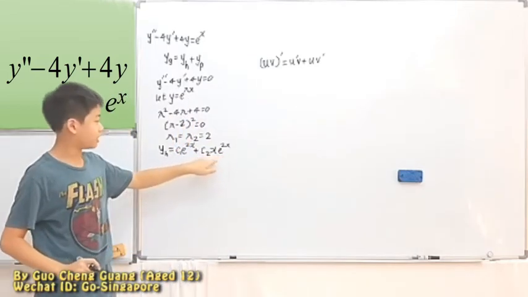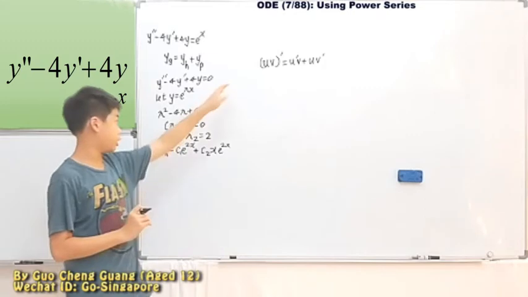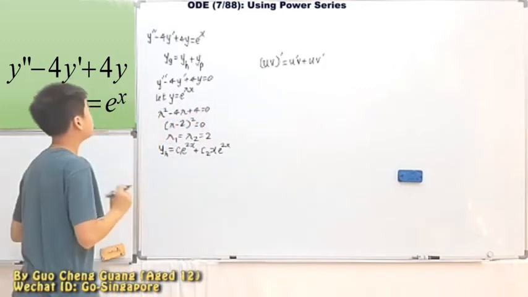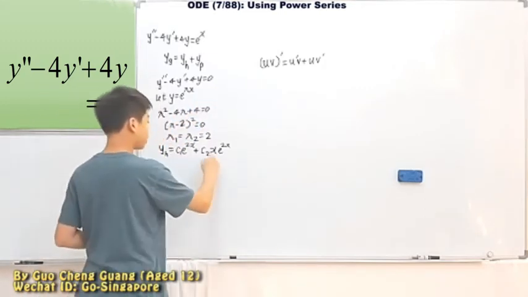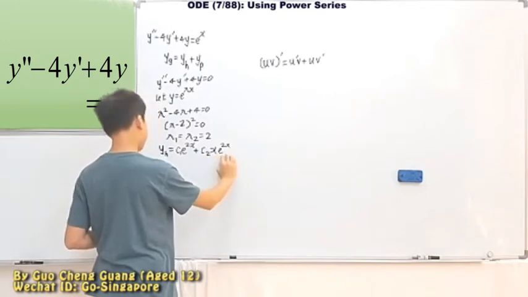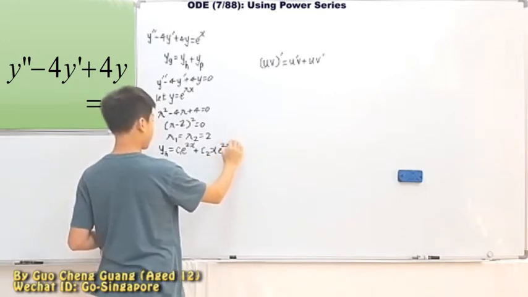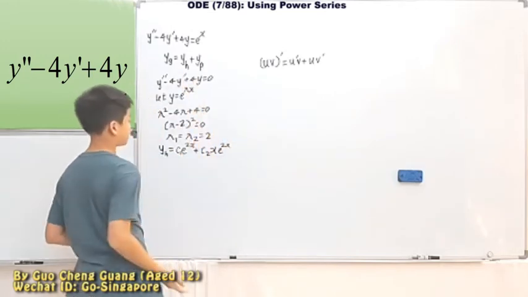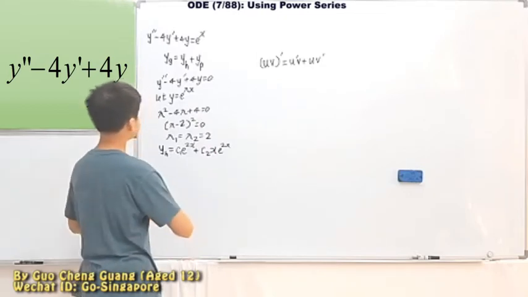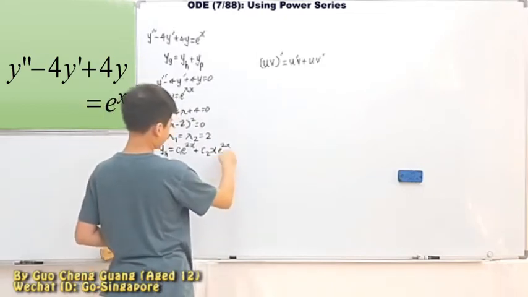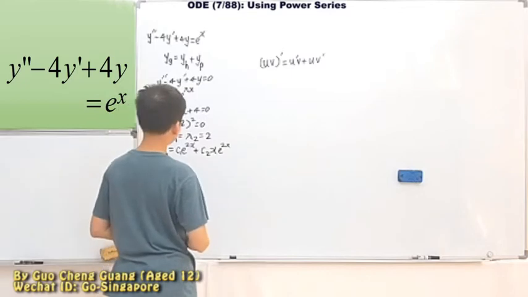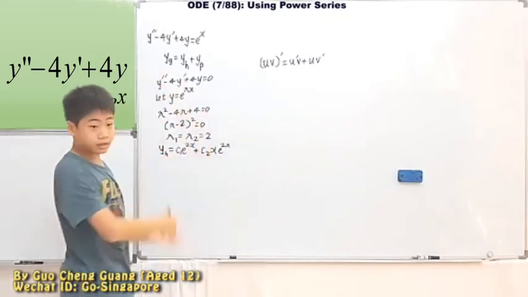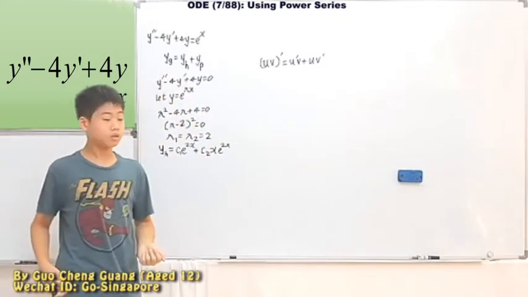Because right now here we only have 2 parts, so here we only need 2. So let's check. If you differentiate this x, that means the left is e to the power of 2x. But still this part is just 0. This part will be 2. But this x part might cancel out with others.